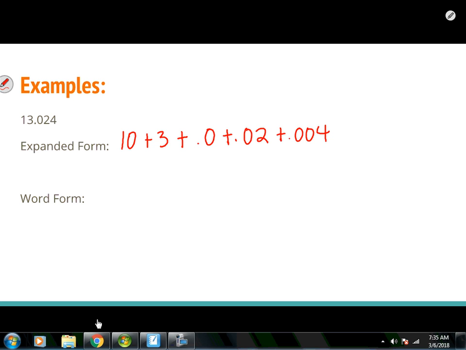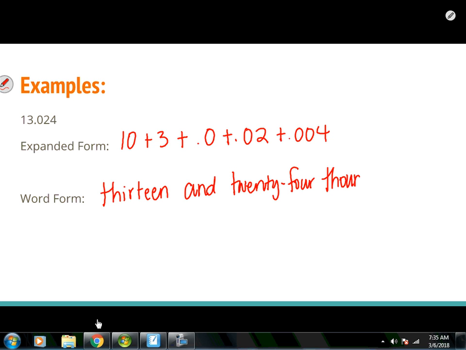Written in word form would be 13 and 24 thousandths. How do we know what to put at the end, whether it's tenths, hundredths, thousandths? We read where our last digit is in our decimal. It's in our thousandths place, so we name this as thousandths.